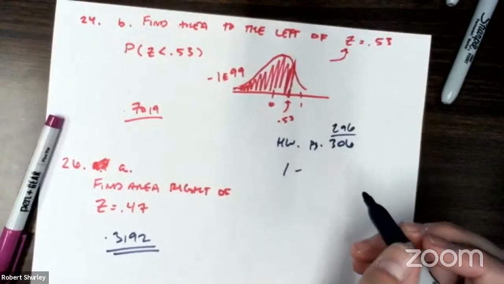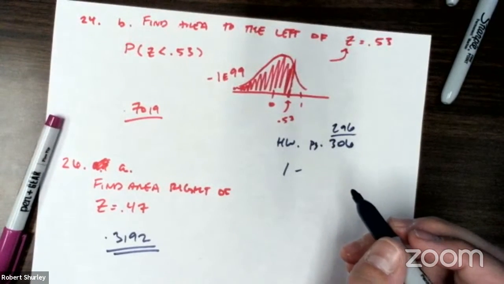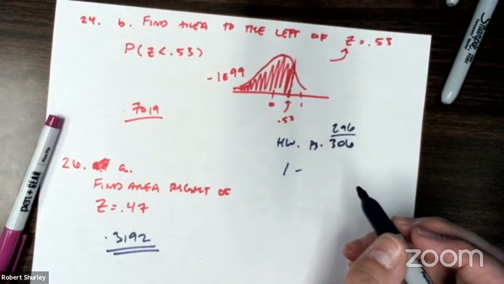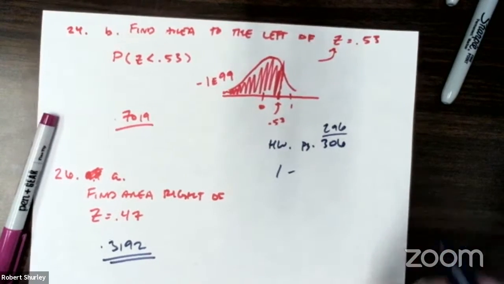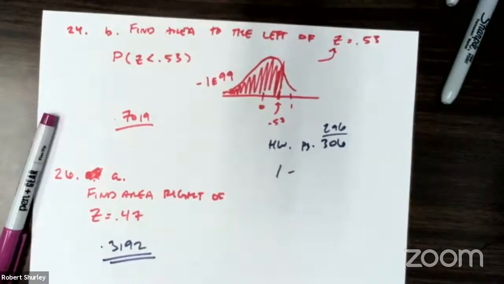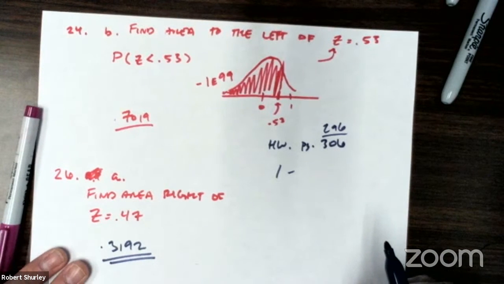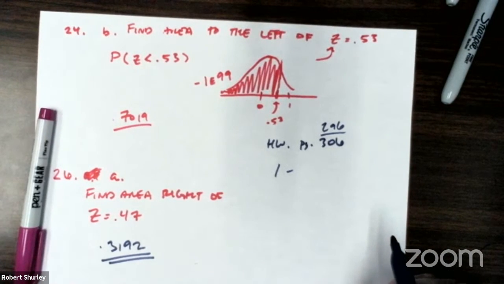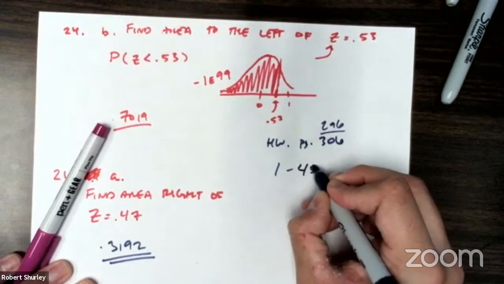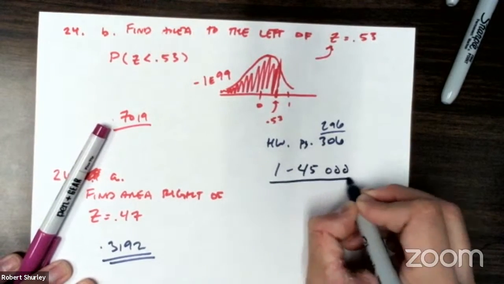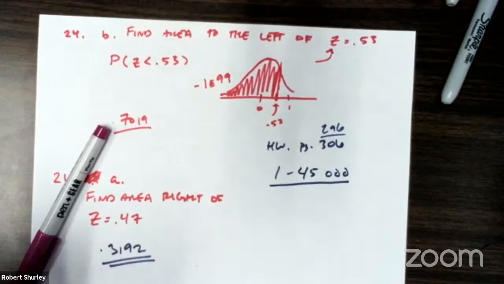So 1 through 45 odd. I really do want you to do all these for a reason, and I need you to hit all these before you go on to the next lecture.